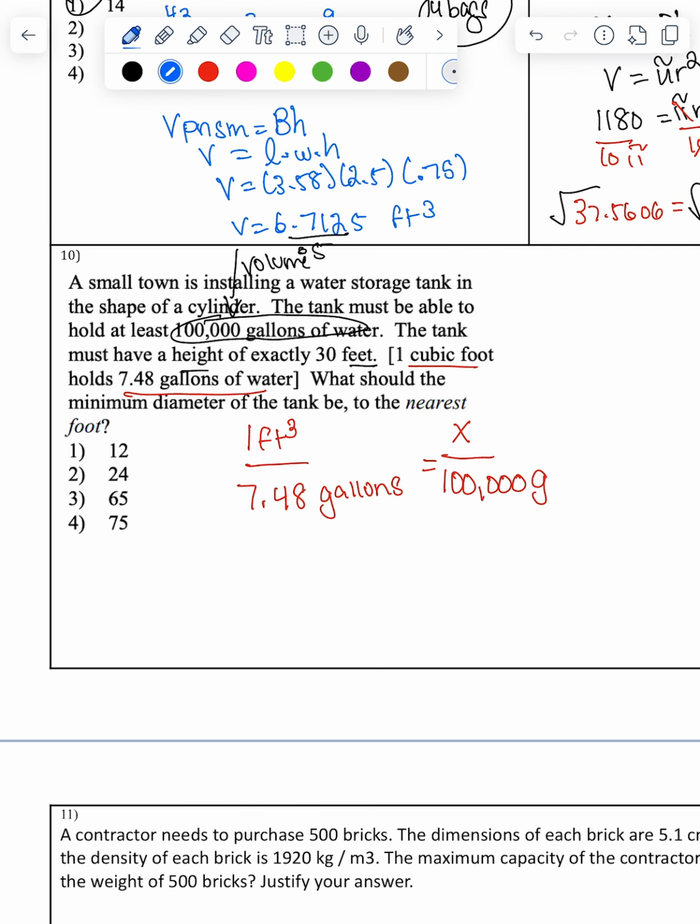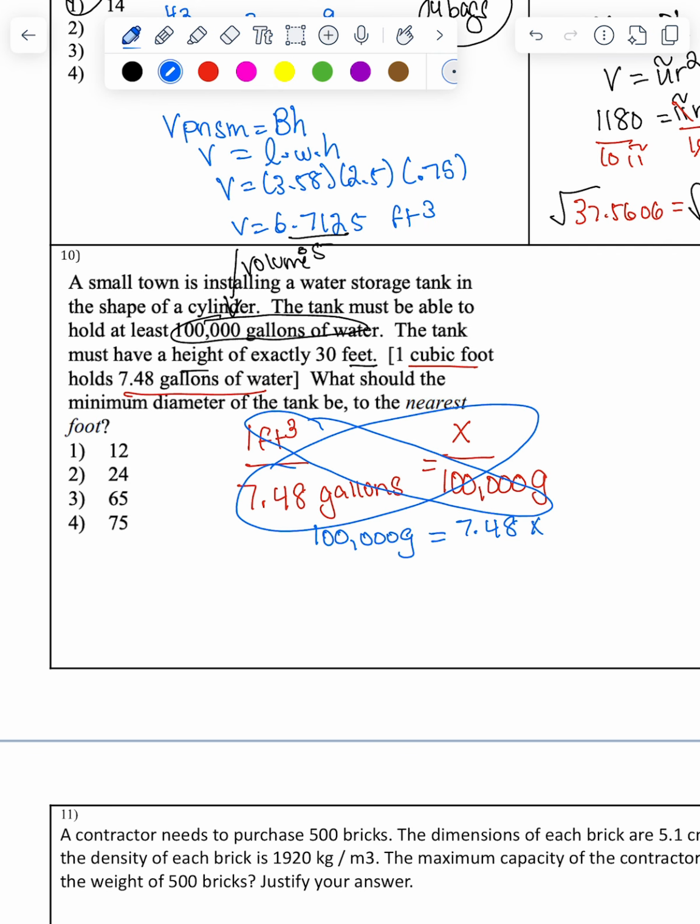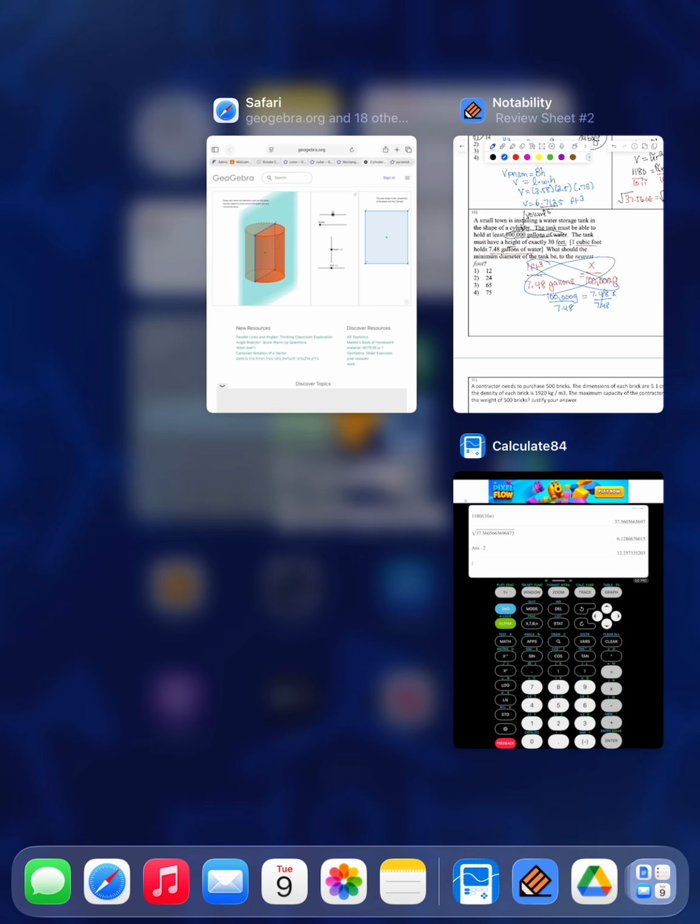And then you can cross multiply and you can say 100,000 gallons is equal to 7.48x. And then you'll see that what you need to do is divide both sides by 7.48. Some of you might have already seen that the conversion is divide by 7.48, but there were some questions about setting up a proportion in class, so I wanted to show it. But if you already saw to divide by 7.48, that's all we're doing. We're just taking the 100,000 and we're dividing by 7.48.